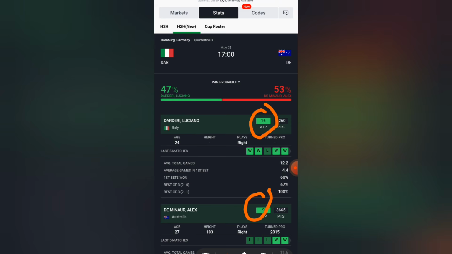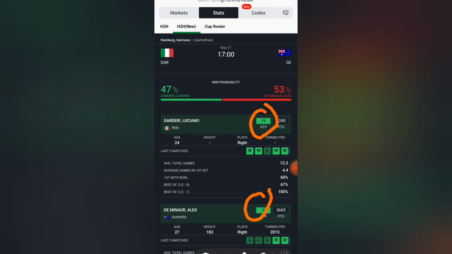The maximum gap between the two players must not exceed 20. It must not exceed 15. It depends on how you want to define your gap in their ranking. It must not exceed certain figures.